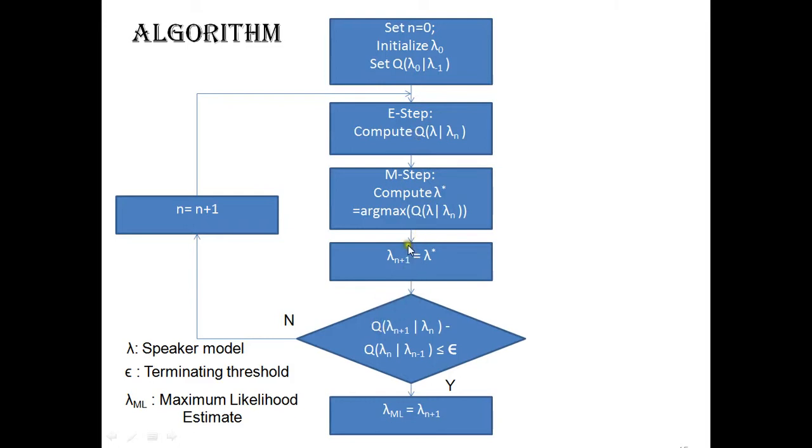And finally we perform a check to see that the algorithm is really converging, and if it stops converging, we will decide that the final set of parameters is given by this lambda ML, which is the lambda maximum. ML stands for maximum likelihood, so the parameters which will result in maximum likelihood. And if the algorithm does not satisfy this condition, which means that the algorithm is still converging, we can go ahead and optimize the parameters even more by just repeating the expectation and maximization steps.